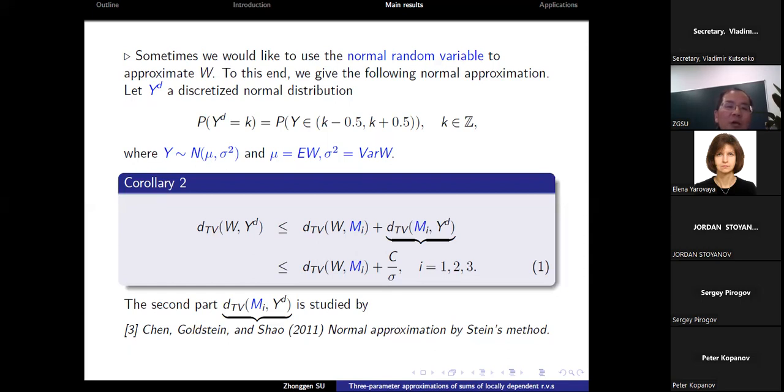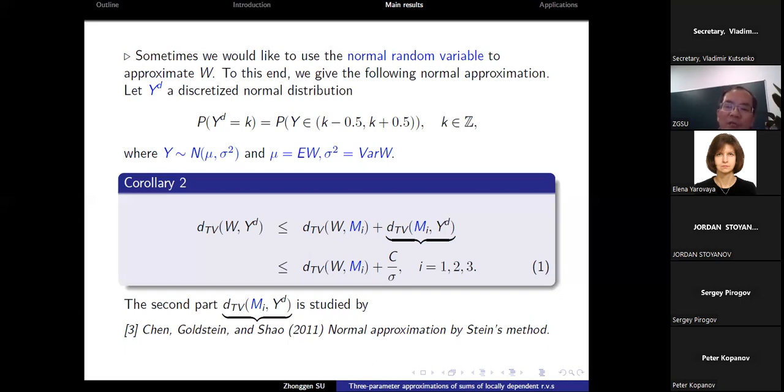As a direct consequence, we have the following corollary about the approximation between W and Y_D. Here M_I is used as an intermediate random variable, and we have the triangle inequality.